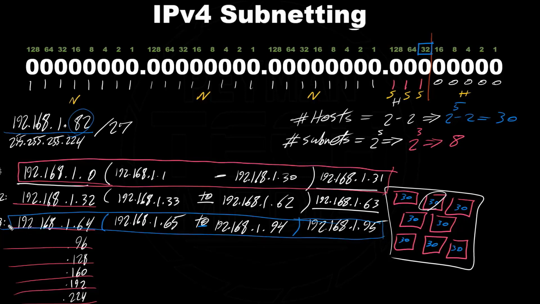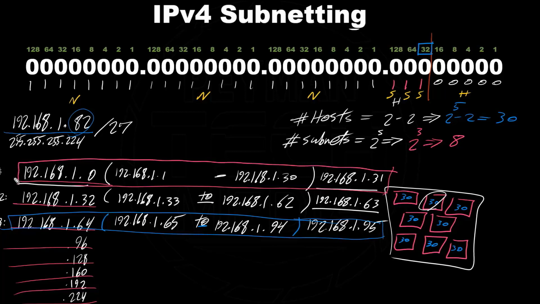The network address for this IP address with this subnet mask would be 192.168.1.64. And again, if we convert this to binary and apply the ANDing formula to both of them, when we convert the binary result to decimal, we get 192.168.1.64. This is another way to find the network address for this IP address with this subnet mask.